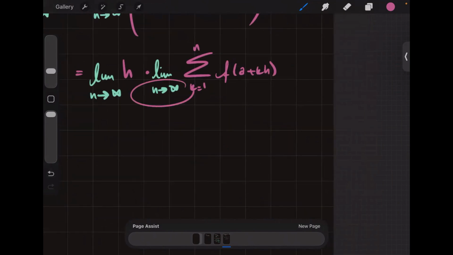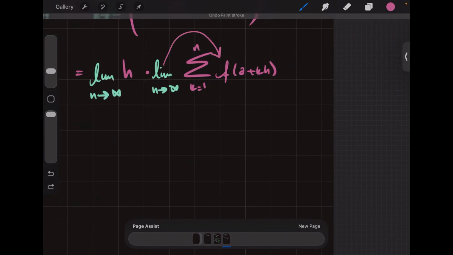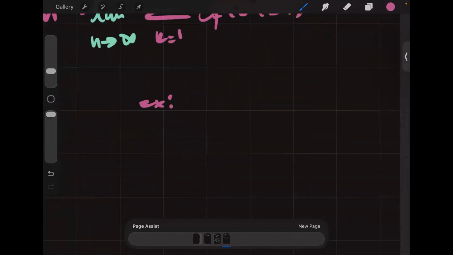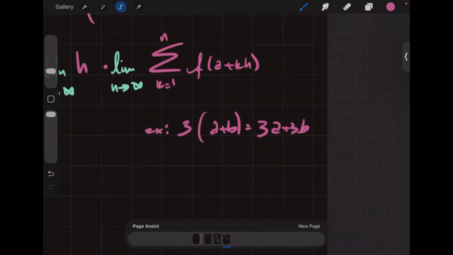But look, you want n to approach infinity. What you can actually do is pop this in here because it's a sum, right? In the same way, let's say 3 times (a plus b) is the same as 3a plus 3b, right?